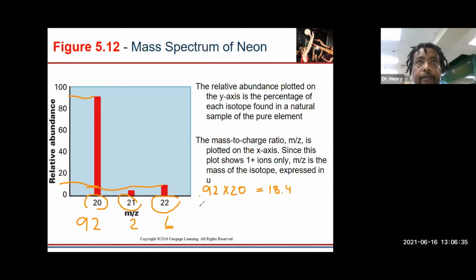If we multiply 0.02 times 21, that equals 0.42.